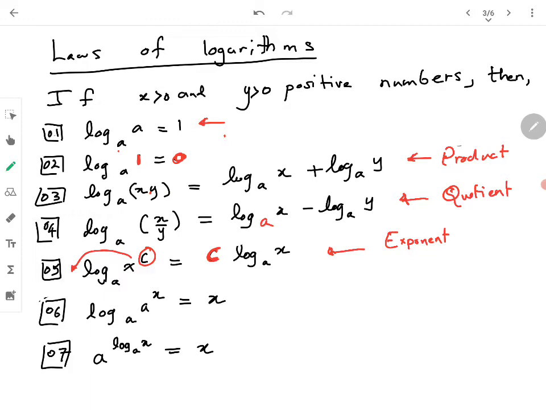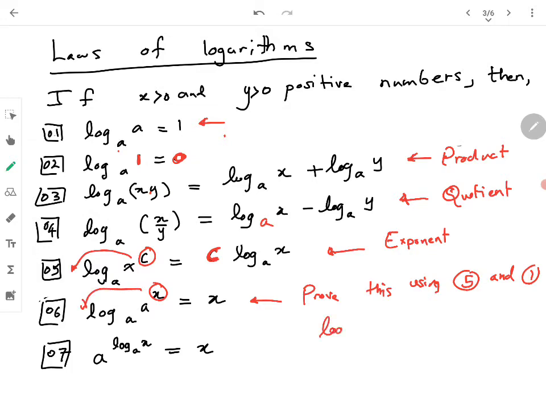Okay, so that's the exponent rule. Then the next one is log a to the a raised to the x. So this is equal to x. You can prove this using 5 and 1, the fifth law and the first law, because you have an exponent here, you can move it to the front.